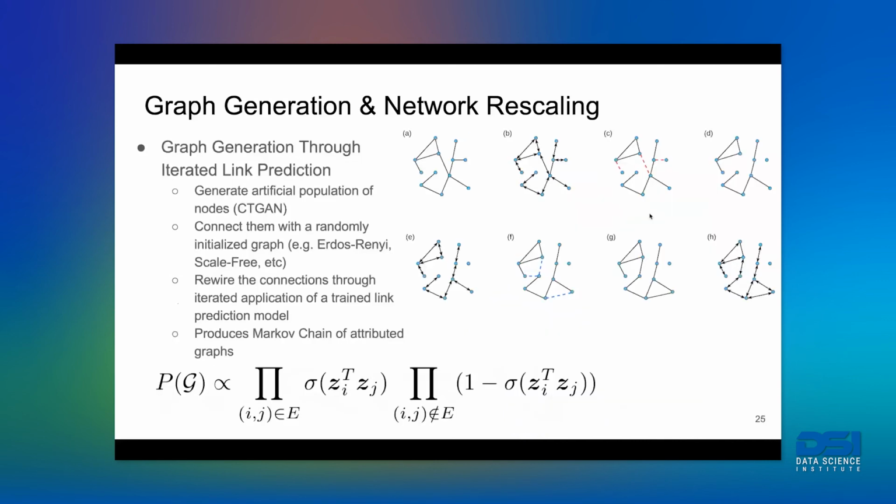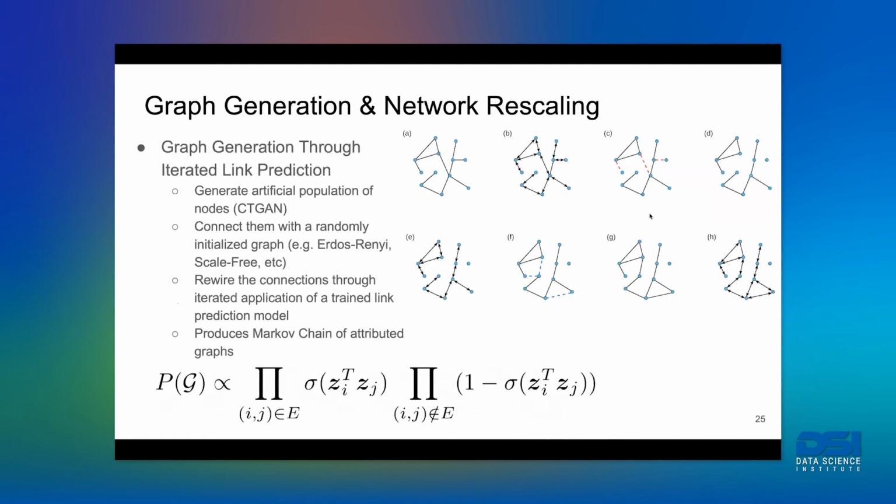So in this slide, I'm just casually and quickly introducing our approach, which we called graph generation through iterated link prediction. And the basic idea is as follows. First step is you generate an artificial population of nodes. To do this, you can use any algorithm, but I would use the CT-GAN algorithm I just told you about.